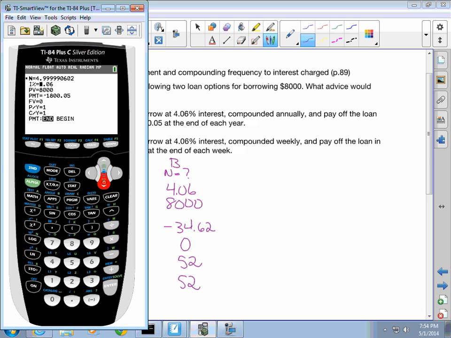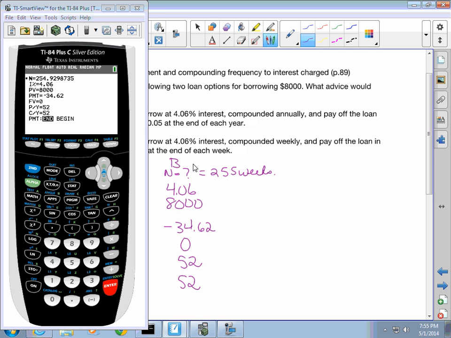So I'm going to change this to negative 34.62. This is weekly, so 52, and weekly, so go back up to N. And you have 254.92, so N is equal to 255 weeks.